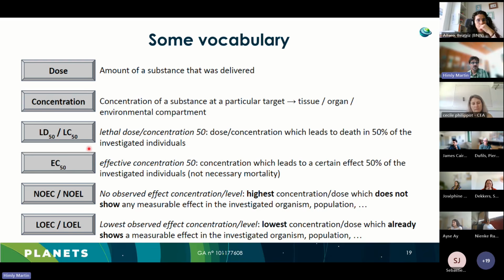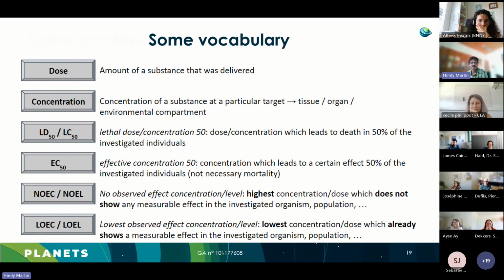The lethal dose 50 or lethal concentration was mentioned already, and this is basically defined as the dose which leads to the death of 50% of the investigated individuals, or the effective concentration 50, which I have mentioned. And here there is the NOEC or the LOEC, NOEL and LOEL, the lowest concentrations or levels that do not show yet, or that just start to show, an effect.